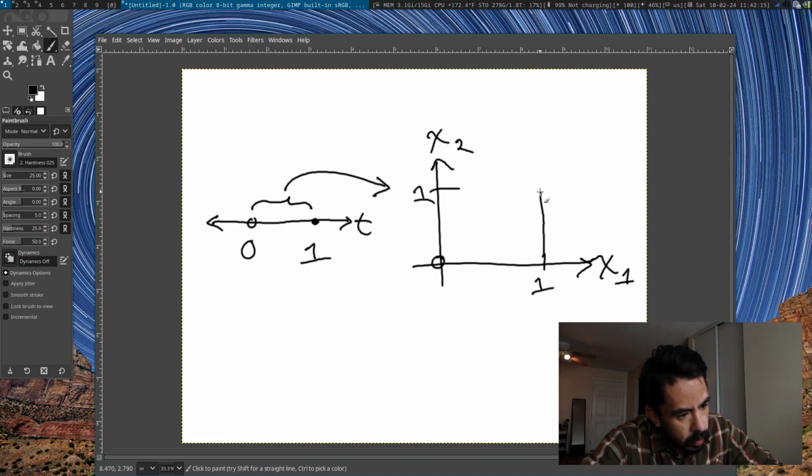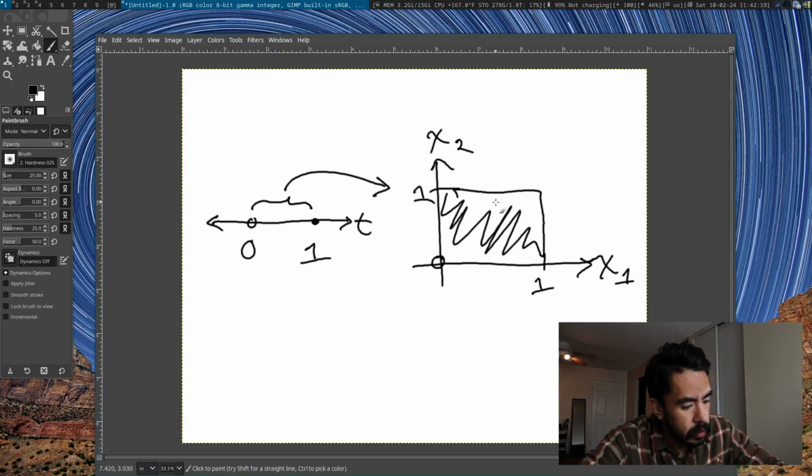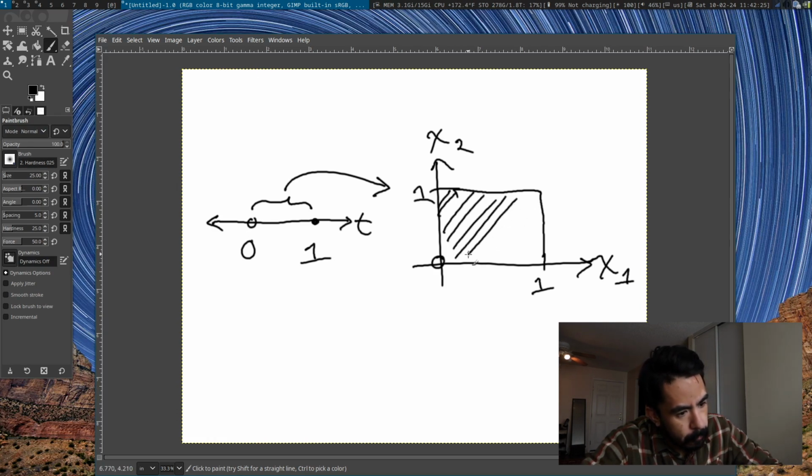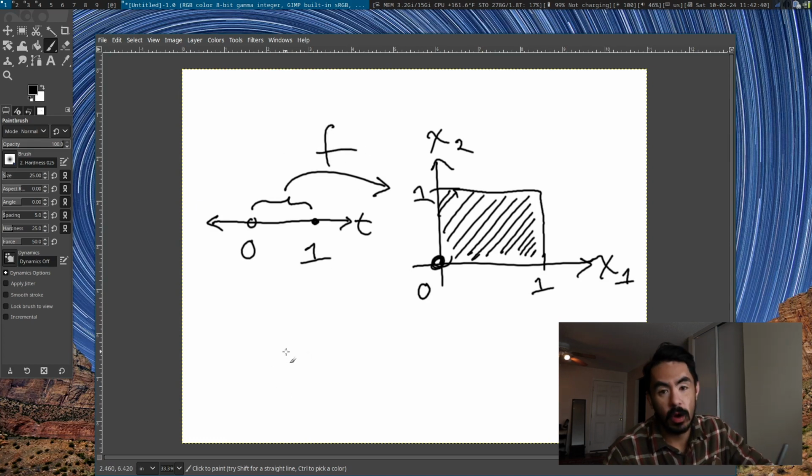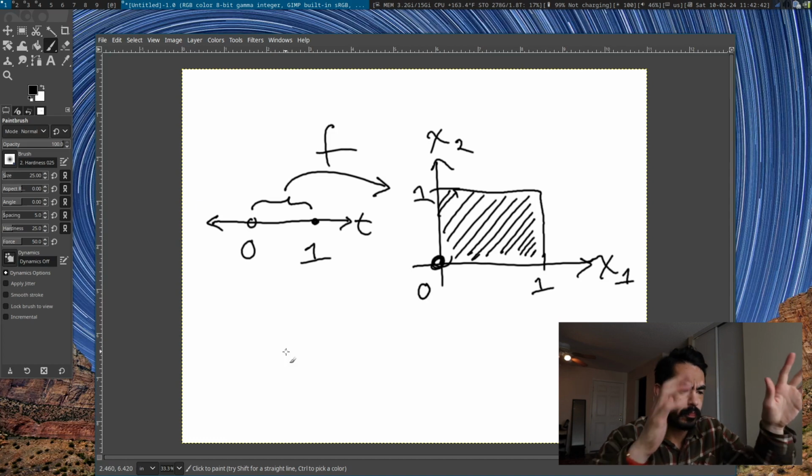This is a hard boundary here. But the key is that we're open at 0, and we want to come up with f. f is one-to-one and continuous.